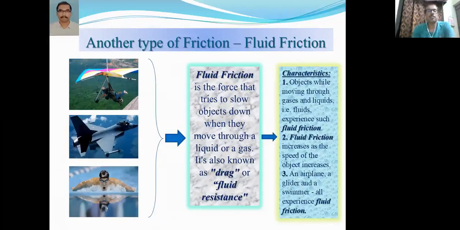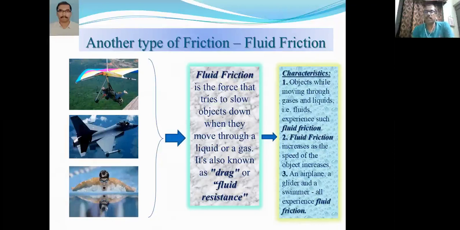You can see in the picture a glider is moving through air, an aeroplane is flying, and a swimmer swims in a pool of water. All are experiencing fluid friction. So objects, while moving through gases and liquids, that is fluids, experience such fluid friction.